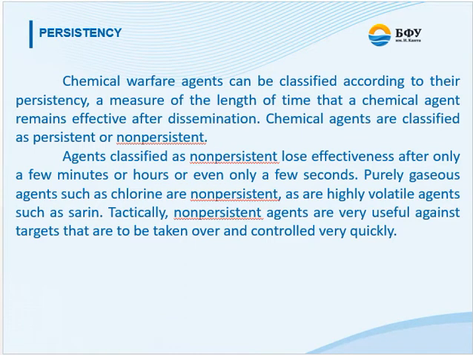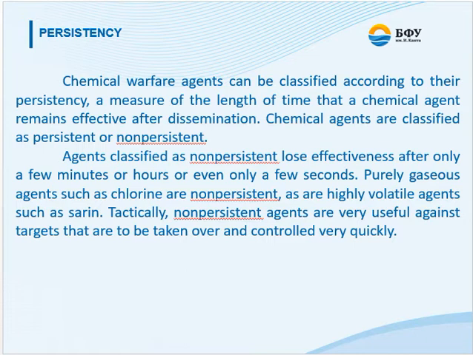Persistence: chemical warfare agents can be classified according to their persistence. A measure of this is the length of time that a chemical agent remains effective after dissemination. Chemical agents are classified as persistent or non-persistent. Agents classified as non-persistent lose effectiveness after only a few minutes or hours, or even only a few seconds.